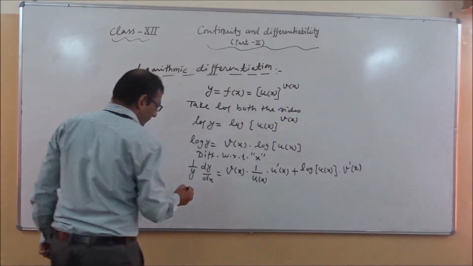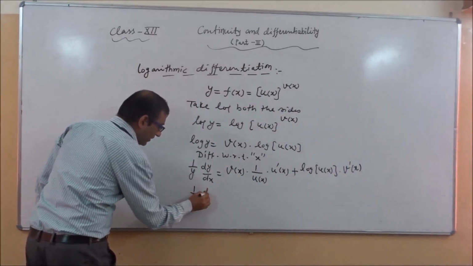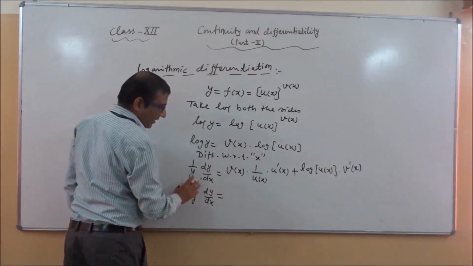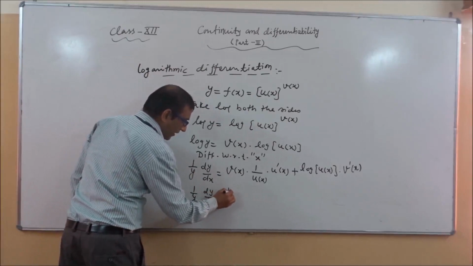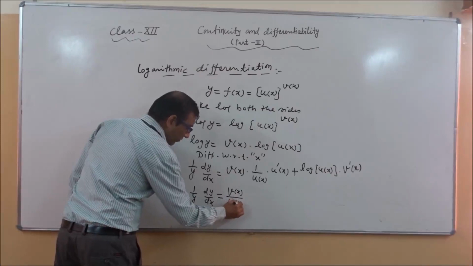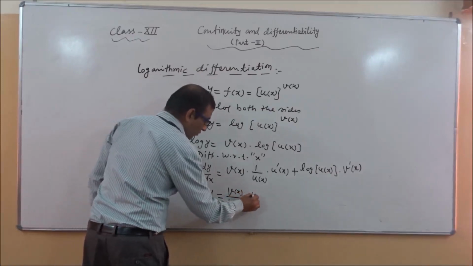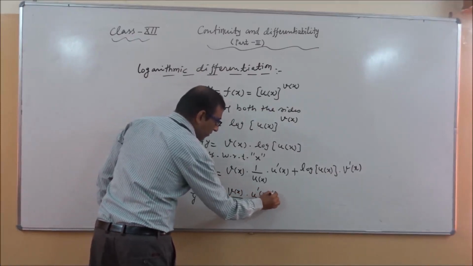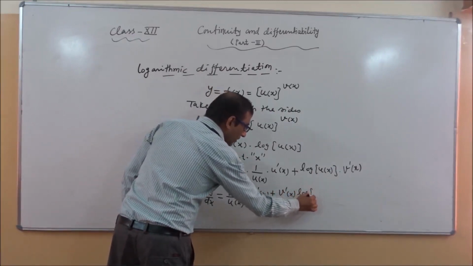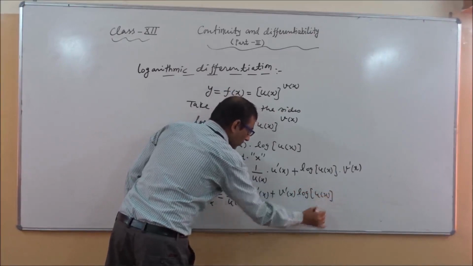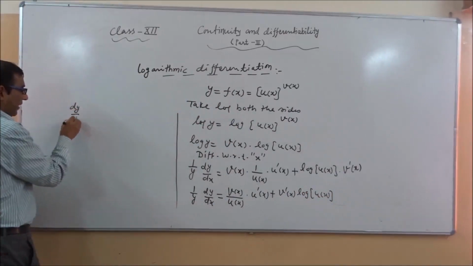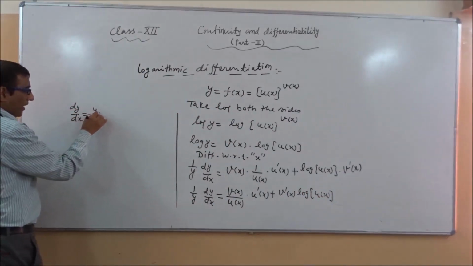After this, we will rearrange it, and it can be written as 1 upon y into dy by dx. On the left-hand side it remains the same, and here we will write v upon u, both are functions of x, into u dash plus v dash log u.